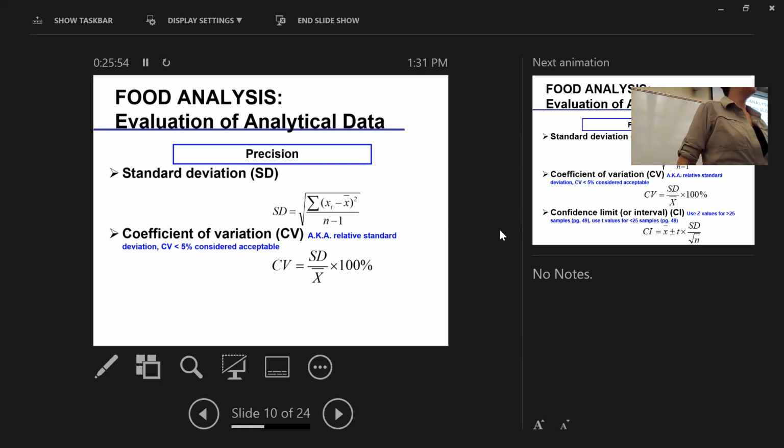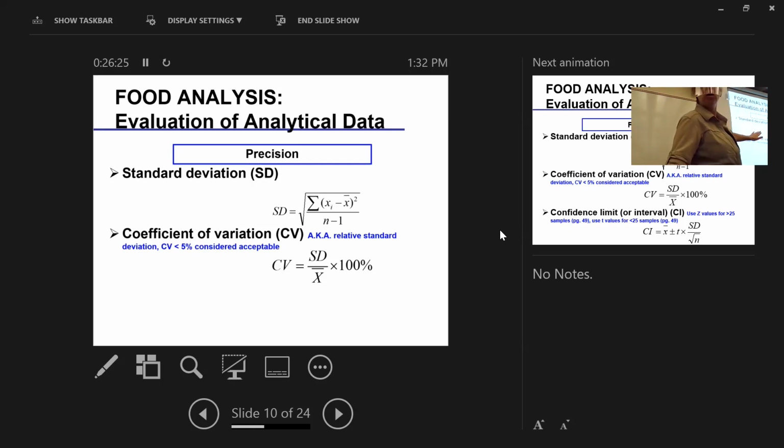Now, I'll show you an example of why this is important. And again, a rule of thumb: anything less than 10% is good precision. Anything less than 5% is excellent precision. Above 10, I'm going to start limping when my student gives me a coefficient of variation of 15%, and I say, on the edge of repeat the experiment. So, yeah, this is important.